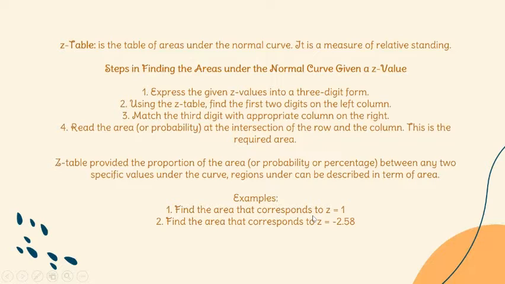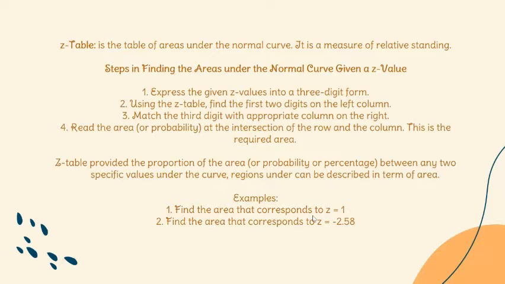One important thing that we need to know in a normal probability distribution is the Z-table. The Z-table is the table of areas under the normal curve. It is a measure of relative standings. So, what are the steps in finding the areas under the normal curve given a z value?